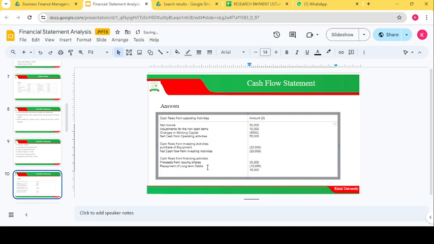So there we have gotten our net cash flows from financing activities.